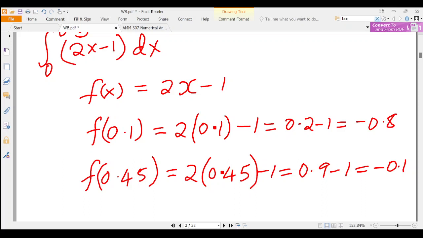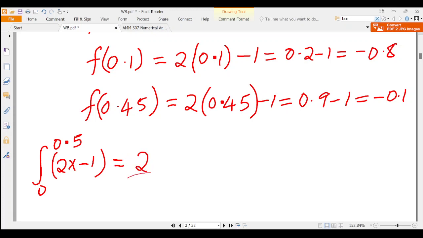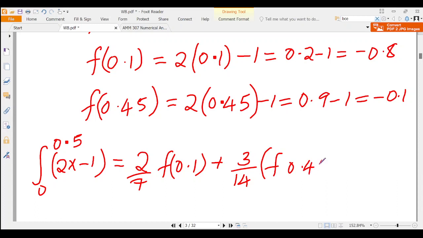So I'll now write the integral from 0 to 0.5 of 2x minus 1 is equal to 2 over 7 times f of 0.1 plus 3 over 14 times f of 0.45.